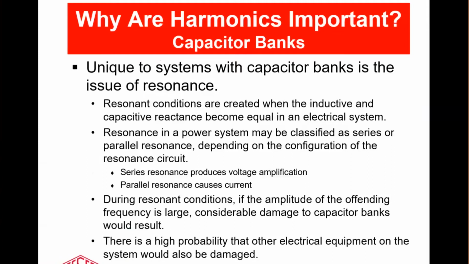Parallel resonance causes the current to go into high amplitude oscillations. That can not only cause troubles with the capacitor bank, but it can also cause transformer failure and failure inside the customer's facility.